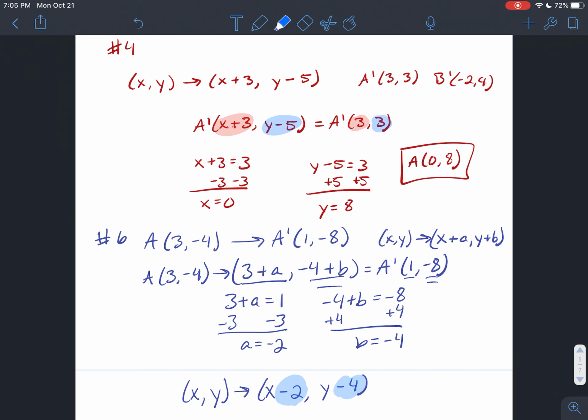So 2 answers to that. The vector notation is in arrow brackets, A, B, and then the translation rule is XY maps to X plus A, Y plus B. All right, so 2 answers on that.